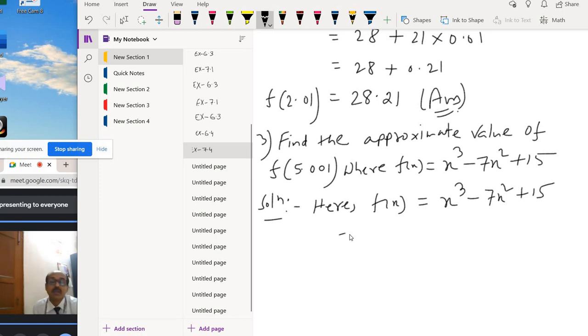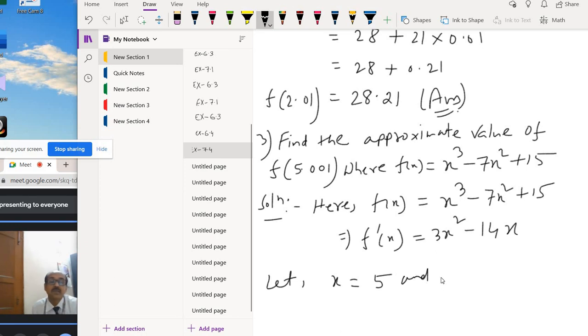So its derivative f dash x equals 3x square minus 14x. Okay, let x equal to 5 and x plus delta x equal to 5.001.